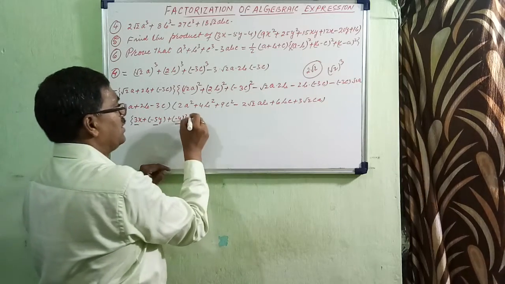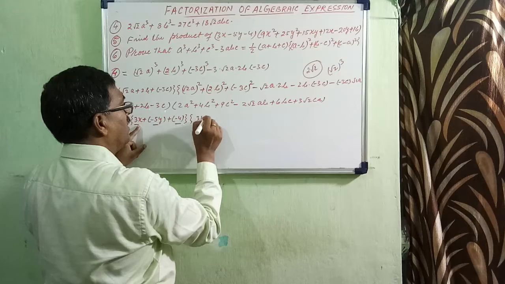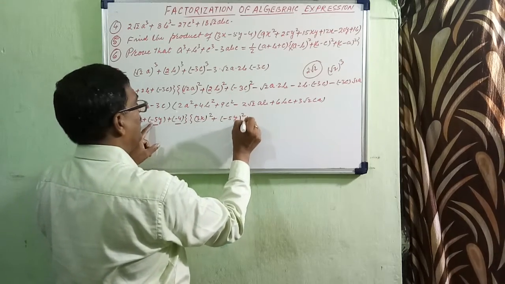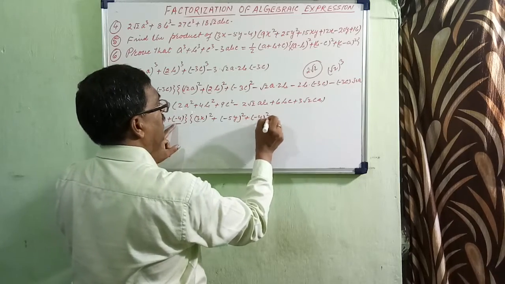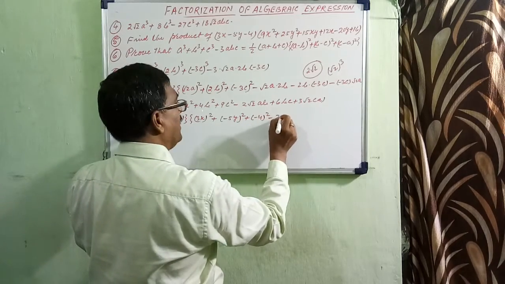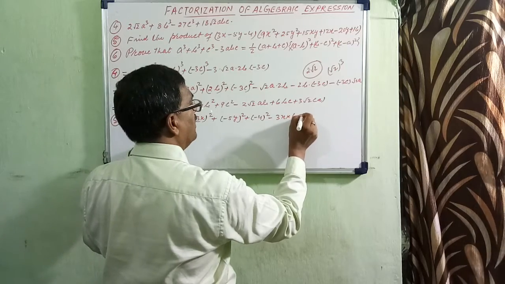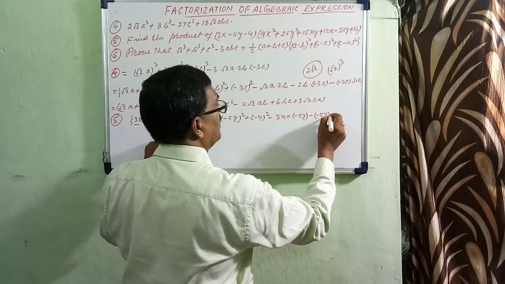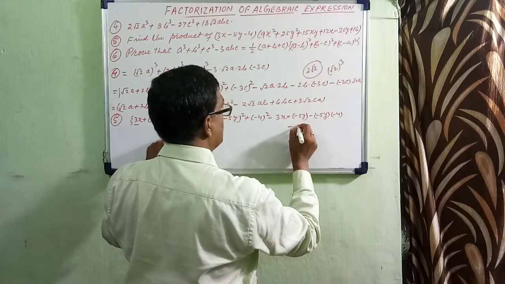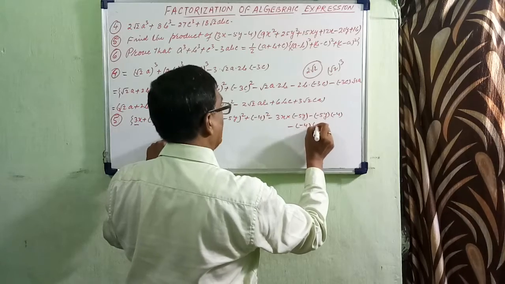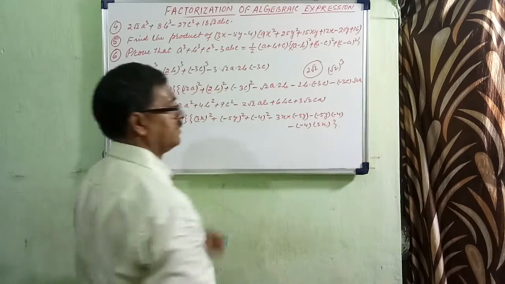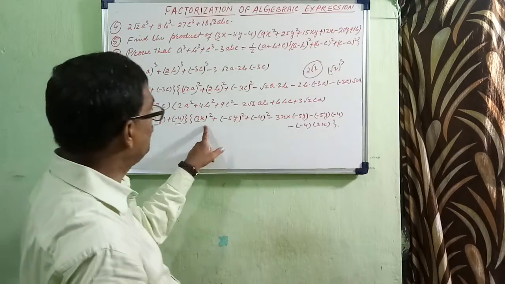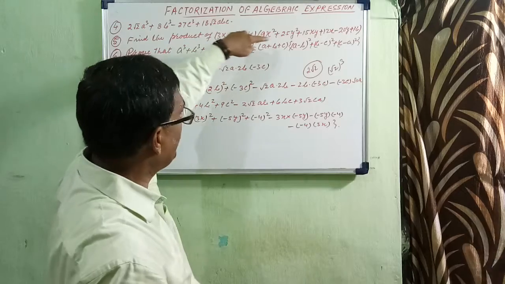(A plus B plus C) into (A square plus B square plus C square minus AB minus BC minus CA), and so when you are going to expand, you will get exactly the same.